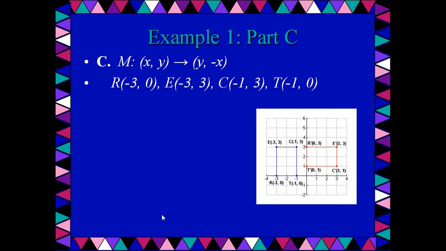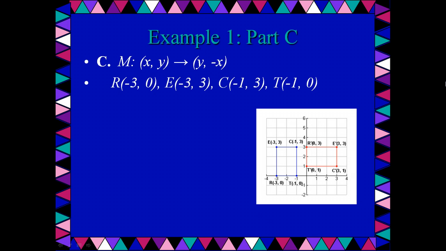So we can see that we have R, E, C, and T for a rectangle. So if we look here, our x becomes our y, it's at 0, and our y becomes the negative of x. So R prime maps up here to (0, 3). And we do that with each of them.